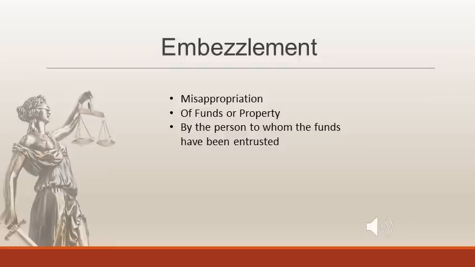Okay, well, that would be you are entrusted with this money, and let's say that on your way to the bank, a couple of Ben Franklins go missing out of the bag. Okay, well, that would be an example of mishandling or misusing the money that was entrusted to you to take to the bank.